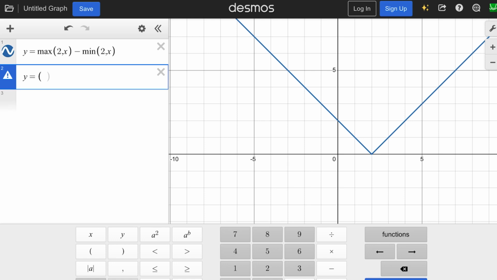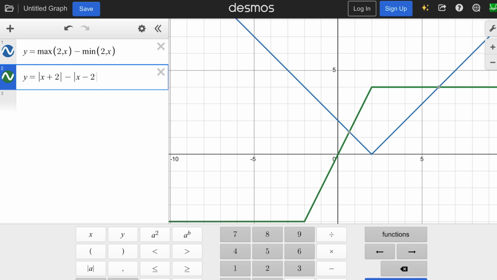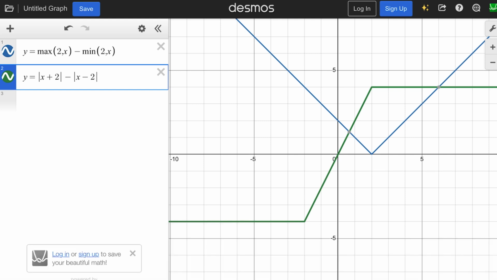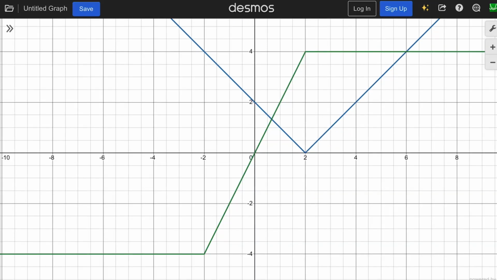Next, y is equal to mod of x plus 2 minus mod of x minus 2. This is exactly what we have. We have seen 2 points of intersection and these are your 2 points of intersection. Thereby, your answer is there are exactly 2 distinct solutions to the given equation.